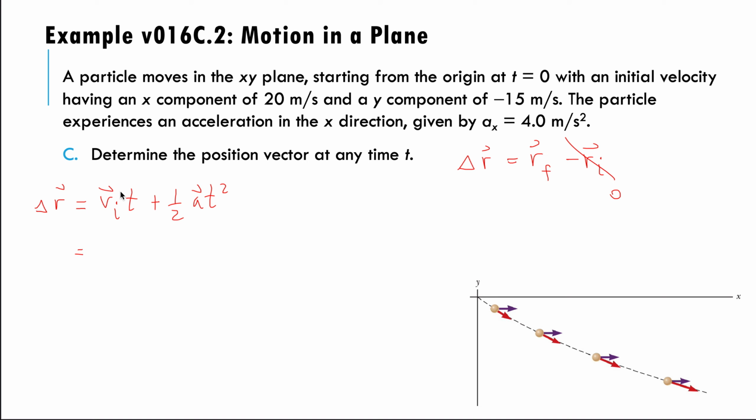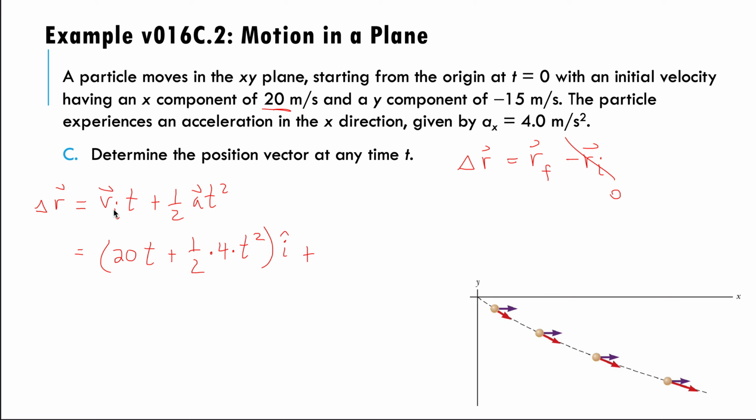So let's write all of this in the x direction. We need the x component of v initial, which we said was 20, times time, plus 1/2 times the x component of a, which was 4, times t squared. So this is all of the x component of this. We multiply by i hat, and then we do the same thing for the y.